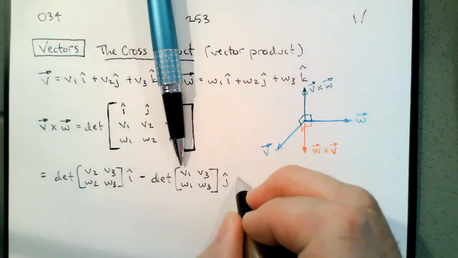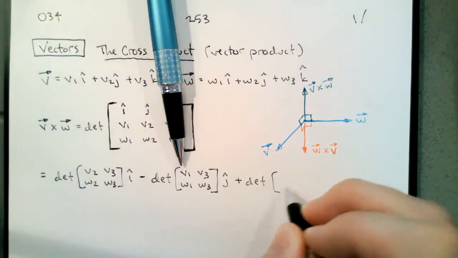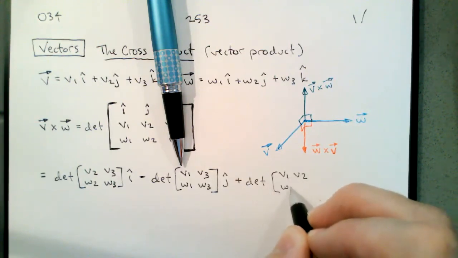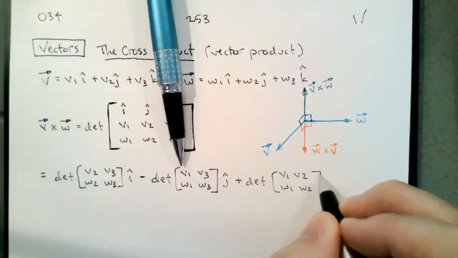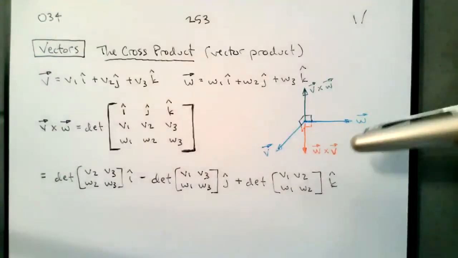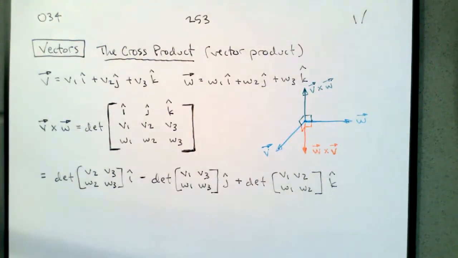And then for the third term, the K component, we'll have the determinant of the cofactor V1, V2, W1, W2 times K. We always alternate signs.